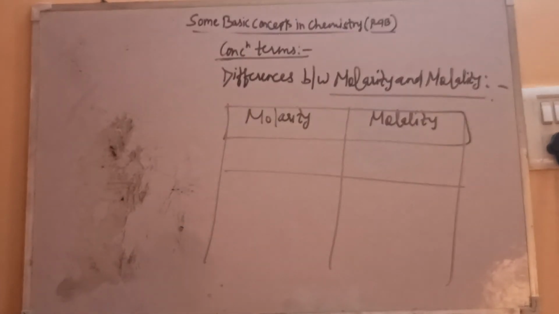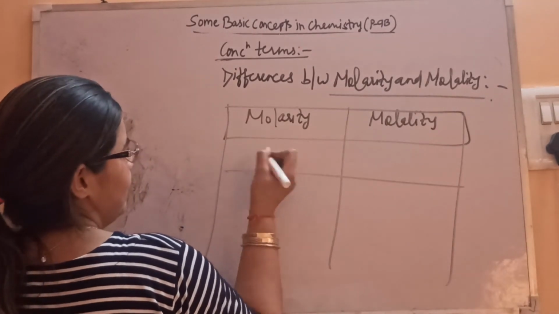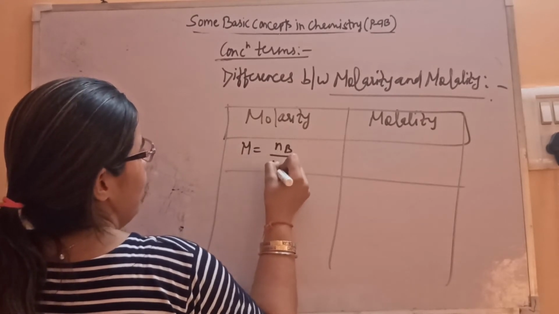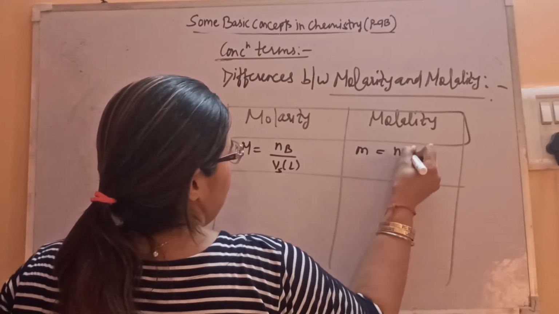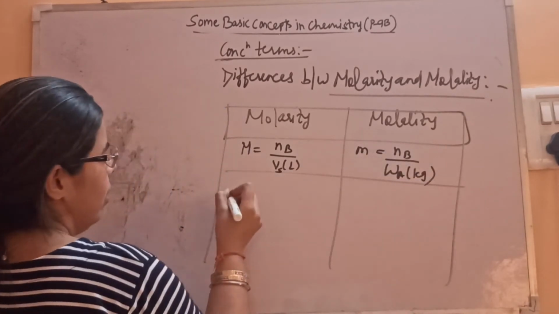First is their definition. Molarity is the number of moles of solute per volume of solution. Molality is the number of moles of solute per mass of the solvent in kg.